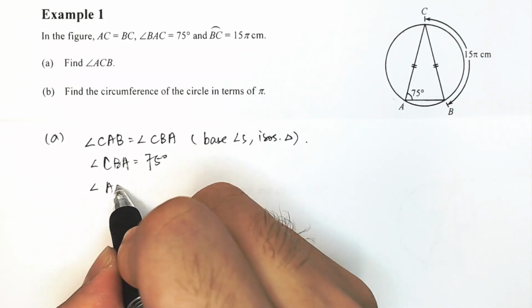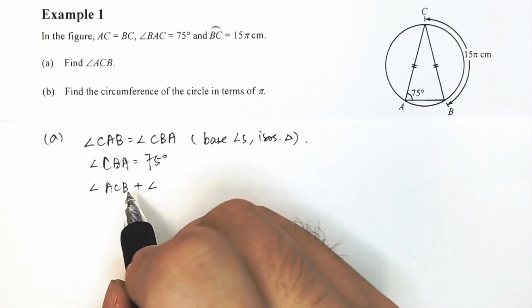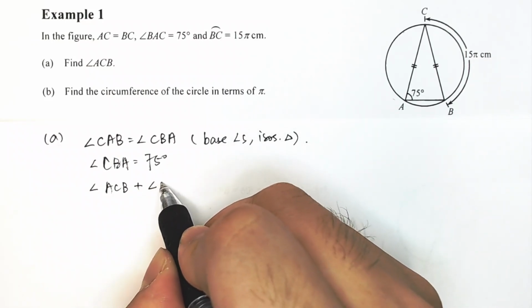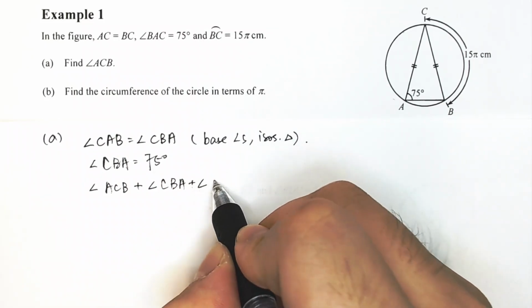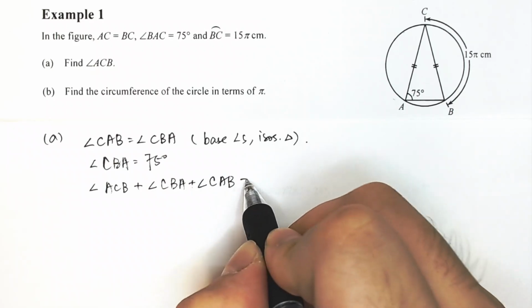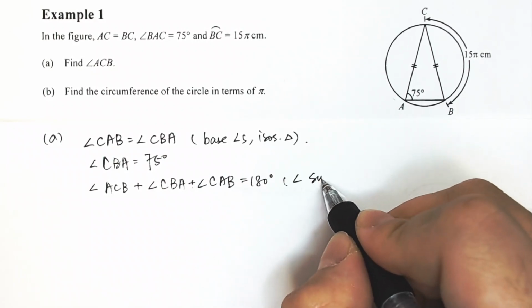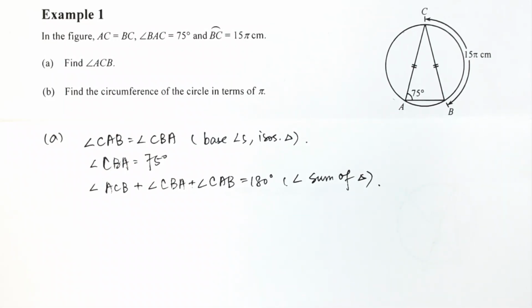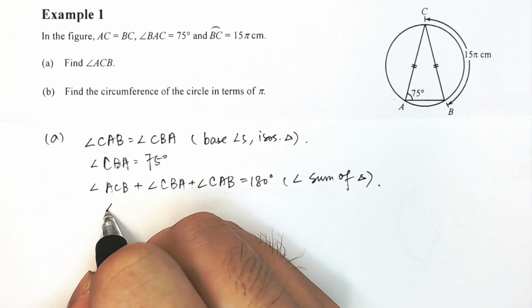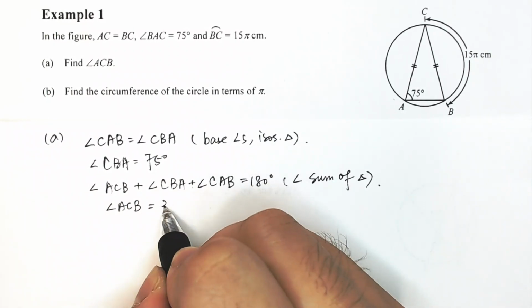And angle ACB can be found by the sum of this and angle CBA and angle CAB. Angle sum of triangle. And thus angle ACB is 30 degrees.